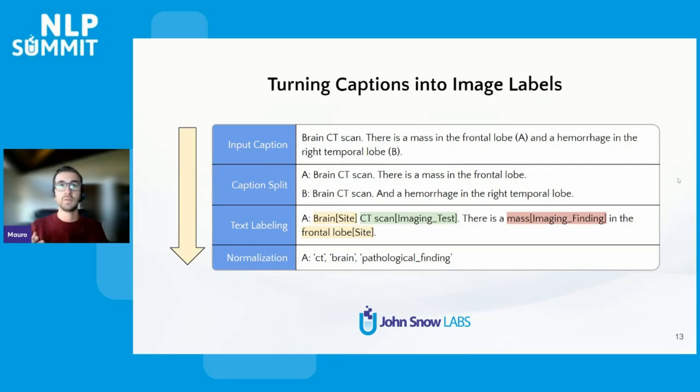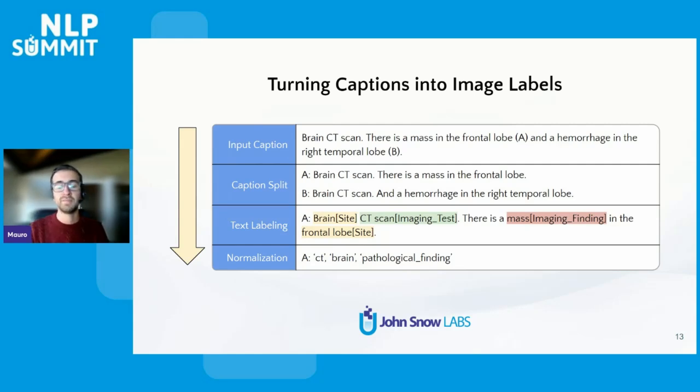Then what we did was to extract the relevant parts of the text. Here we used contextual parsers from the JSL library, together with some dictionaries that we created to extract this information. So you can see brain was extracted as site, CT scan was extracted as imaging test, mass was extracted as imaging finding, and frontal lobe was extracted as site also.